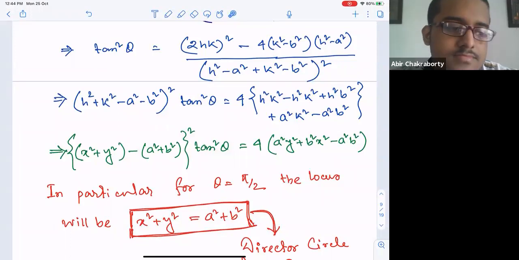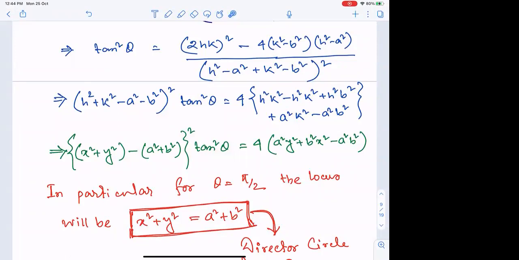Again on the ellipse, we have a concentric circle whose radius is the same as the distance between the extremity of the major axis and the extremity of the minor axis, right?